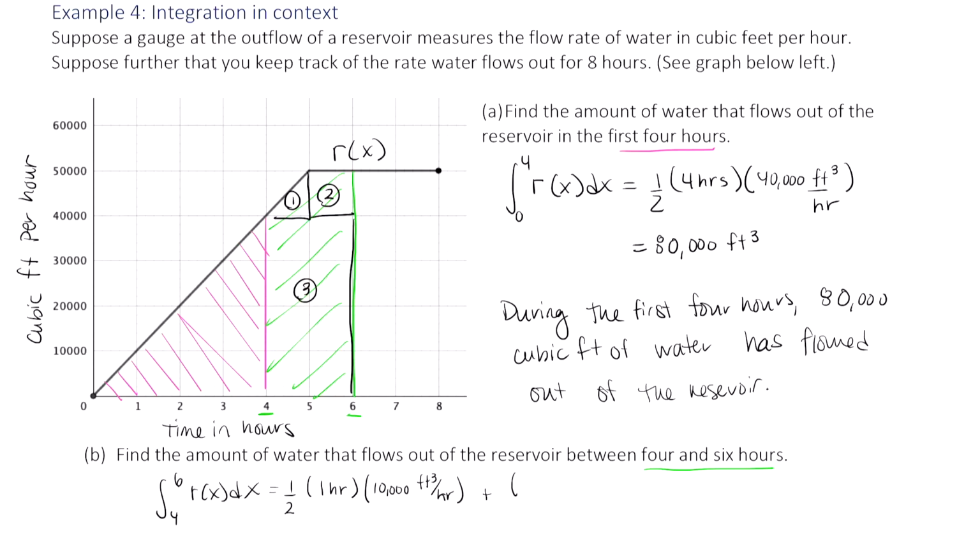Plus we have 1 hour times, again, 10,000 cubic feet per hour. And then plus this larger region, which we have 2 hours at the base, times, what is that, 40,000 cubic feet here.